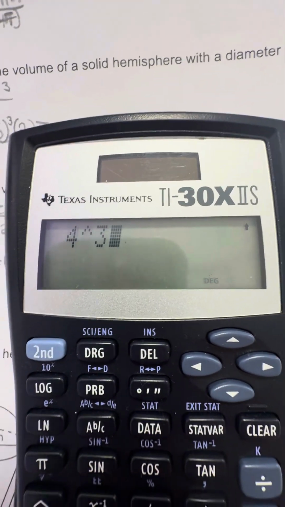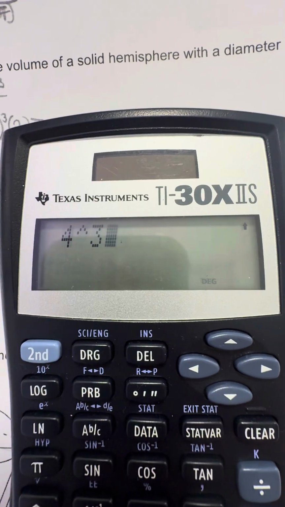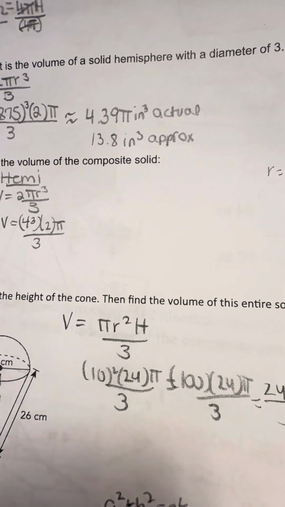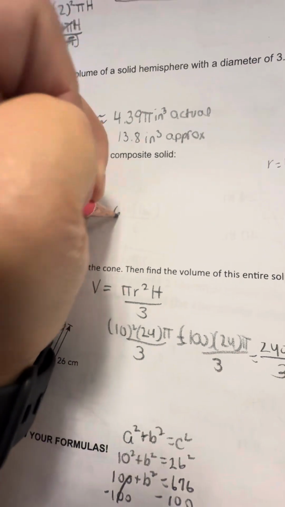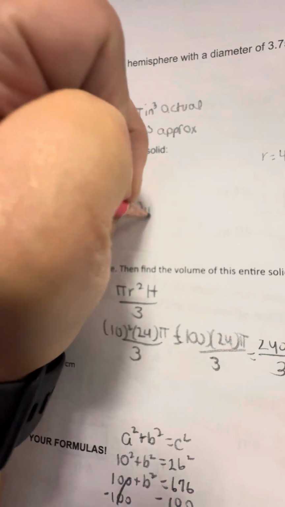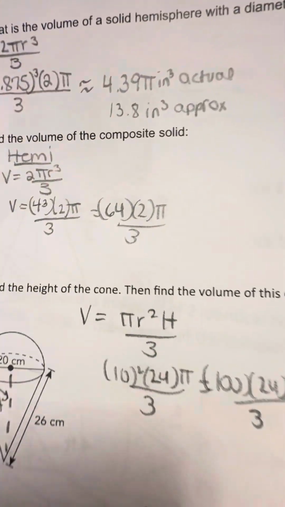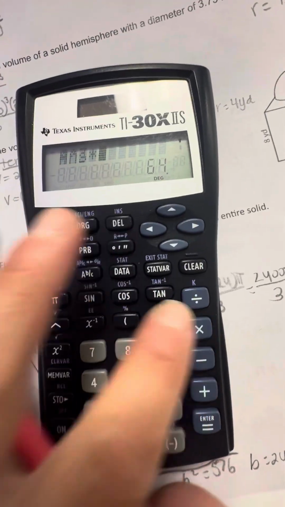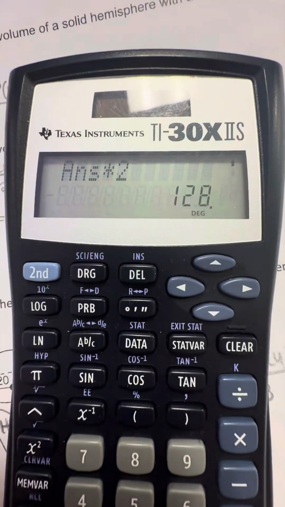So that's 4 times 4 times 4. If you get stuck, you can always just do that. But you can see that it is 64, so that is accurately done. So we have 64, and then I multiply that times the 2. And then we're going to have times pi divided by 3. What I typically will do is do 64 times the 2 and get that answer, 128.